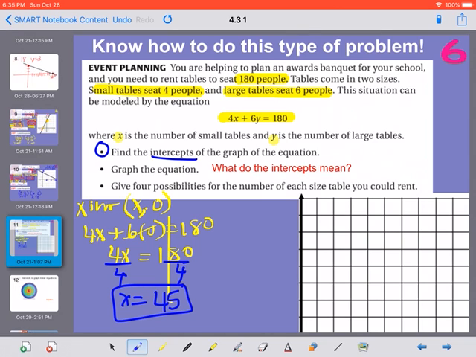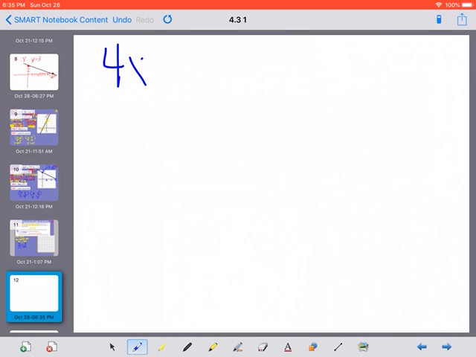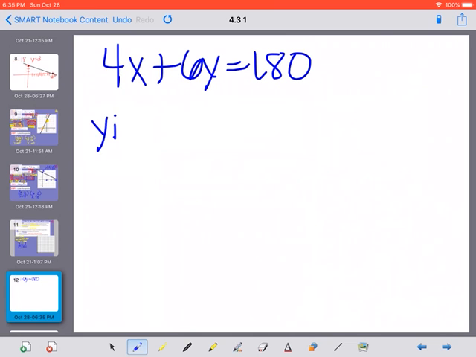Then, finding my y-intercept, I'm going to use a new page here, just because I don't have a lot of space and I can't make that page any bigger. For my y-intercept, we're looking at when x is 0 to figure out what y is going to be.